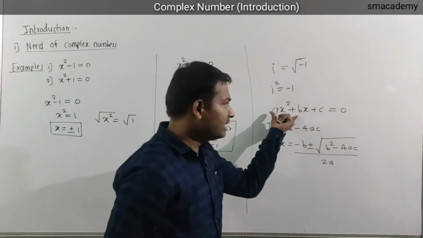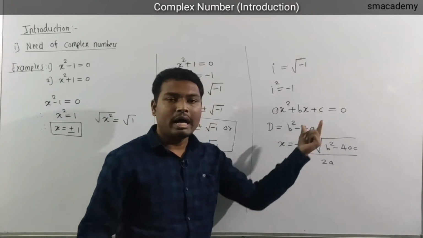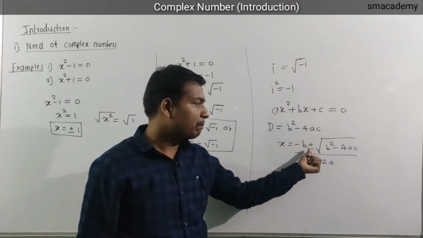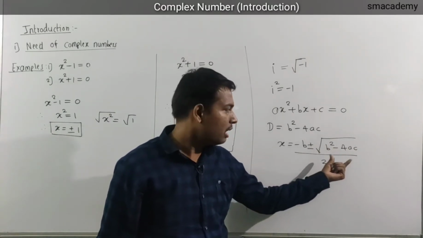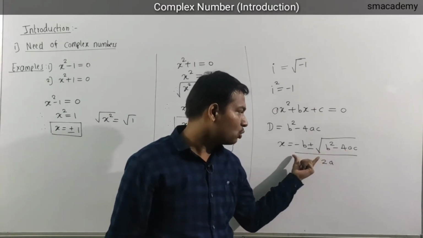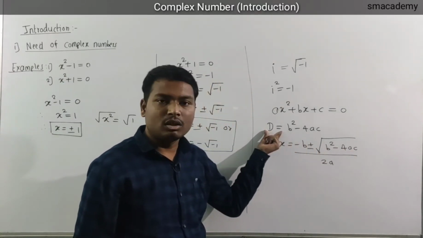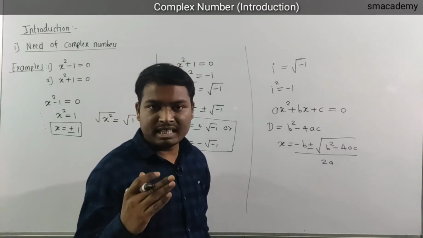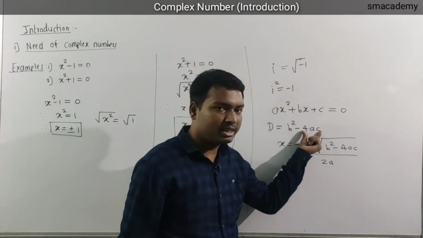Clear? In this root, b square minus 4ac is our capital D. What is capital D? Capital D means discriminant.